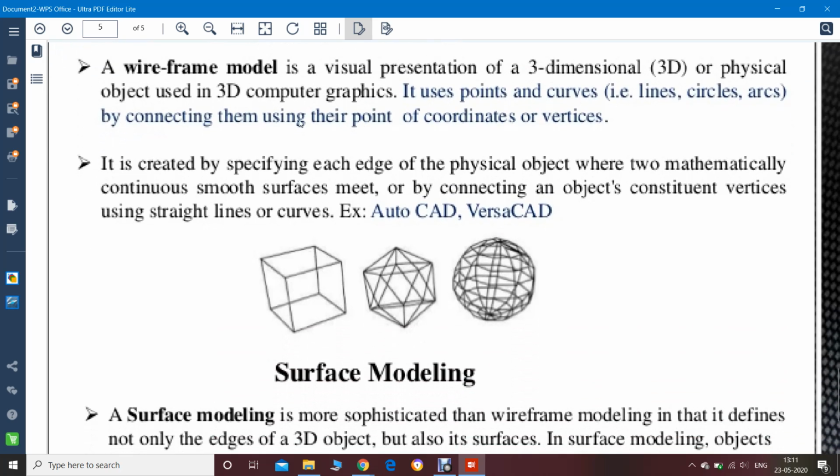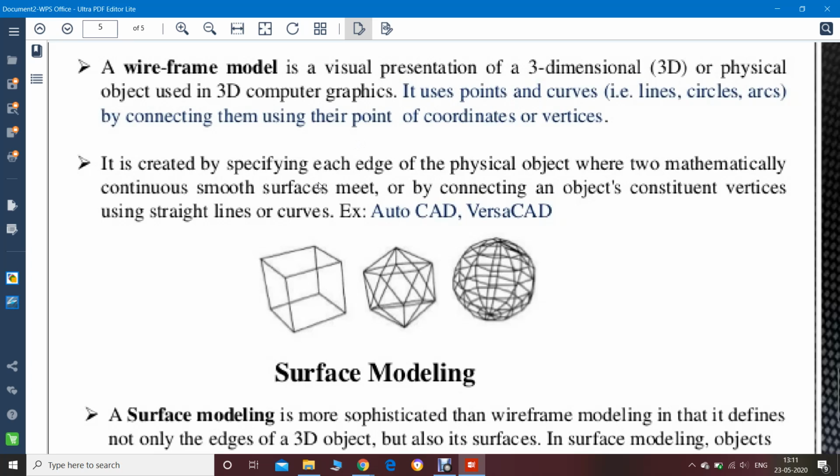The first is wireframe modeling. What is wireframe modeling? Wireframe modeling is a visual presentation of a three-dimensional or 3D physical object used in 3D computer graphics. It uses points and curves, that is lines, circles, arcs, by connecting them using their points of coordinates or vertices.